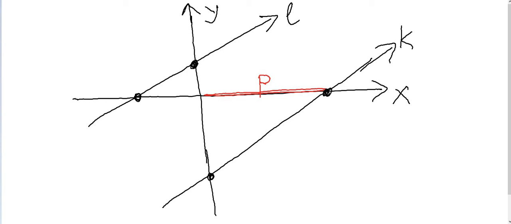The easier solution would be the length of this segment is given to you as 2, and the length of this segment is given to you as 4, and then the length of this segment is given to you as 5.